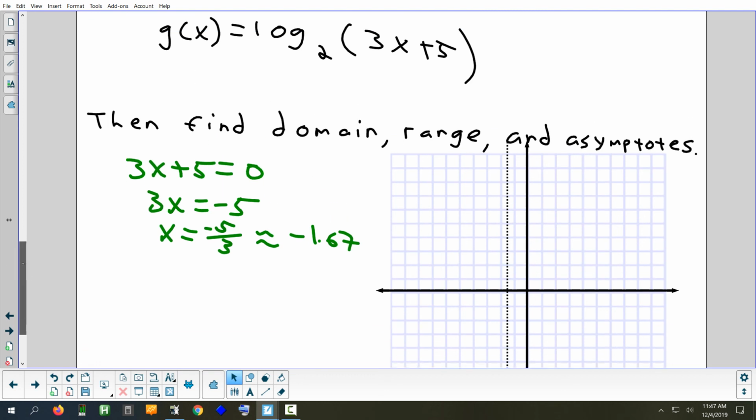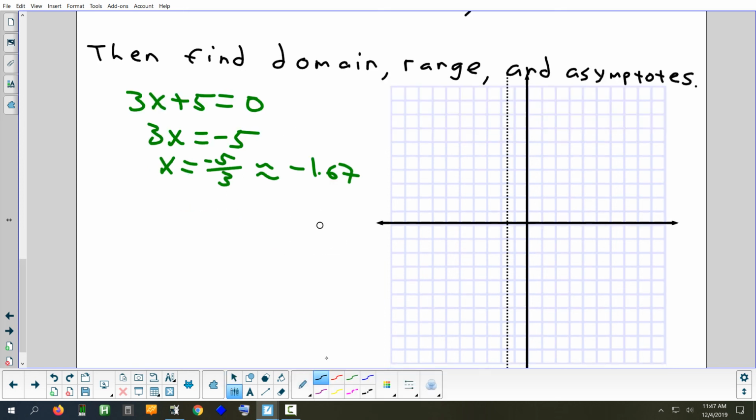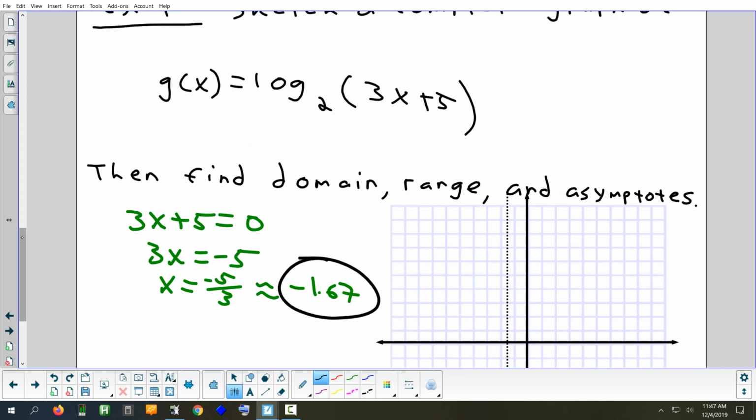Okay. Let's think about numbers we could pick for x in terms of numbers either bigger or smaller than that number. Could you pick a number like, let's go way smaller, let's go negative 10? Could you plug negative 10 in for x? Negative 10 would be to the left.